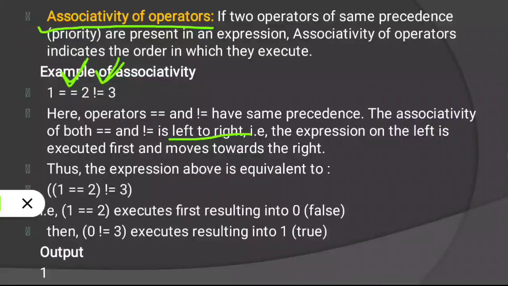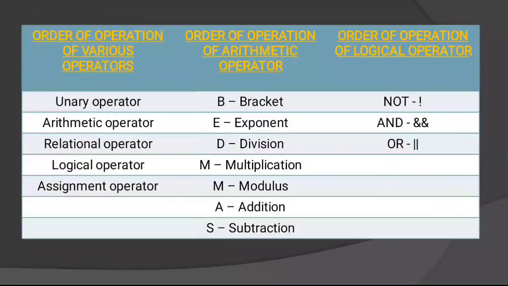Just remember, if two or more operators from the same group are present in an expression, then that expression will be solved from left to right. Understood? This method is called associativity of operator. Okay, then next we will proceed.